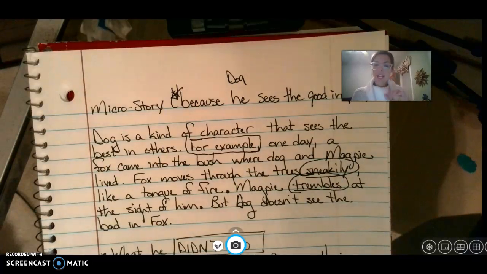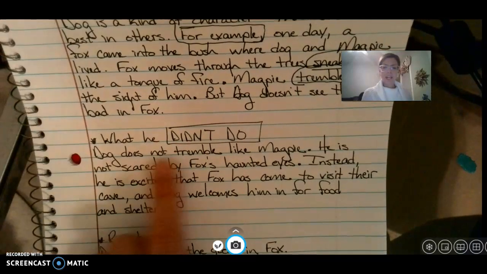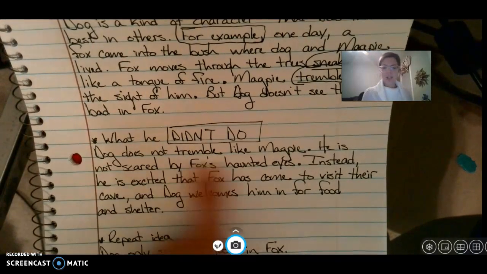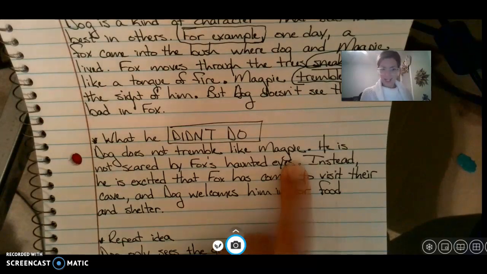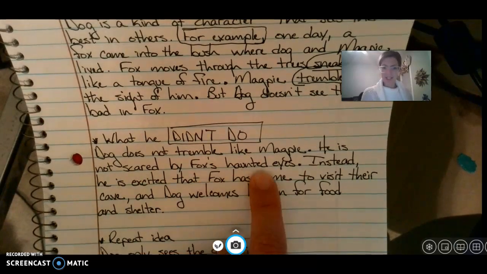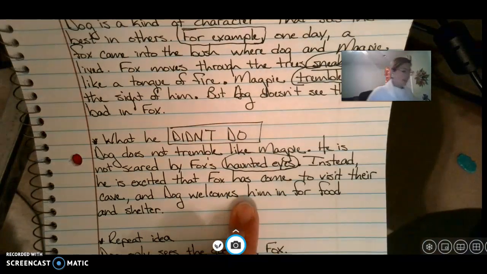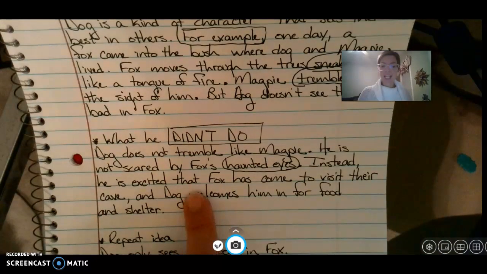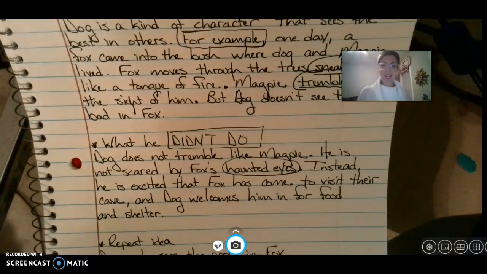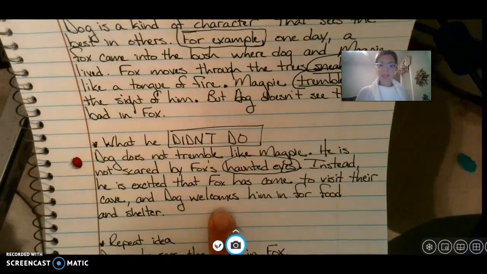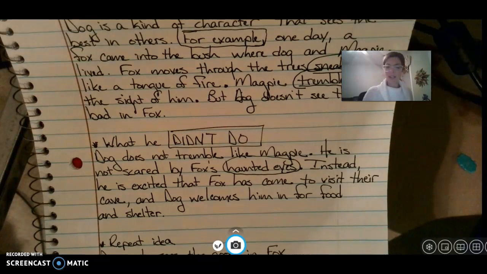Now, how to angle a story, that chart we talk about, what is your character, what do they not do? What he didn't do. Dog does not tremble like Magpie. He is not scared by Fox's haunted eyes. Instead, he's excited that Fox has come to visit their cave, and Dog welcomes him in for food and shelter.